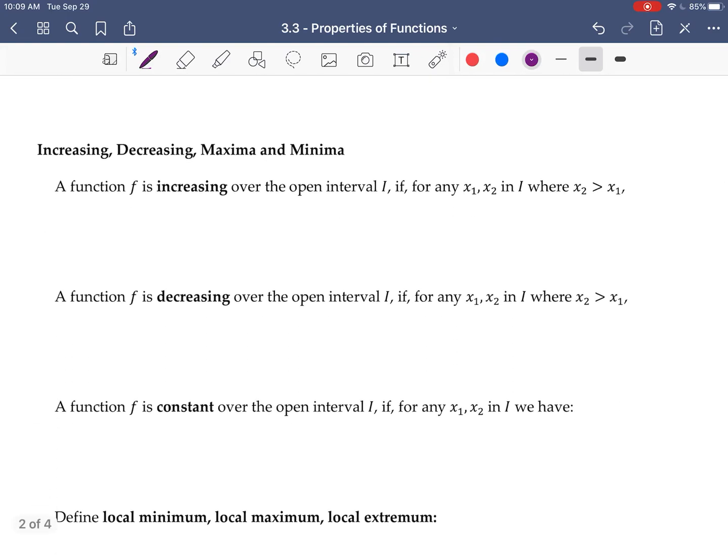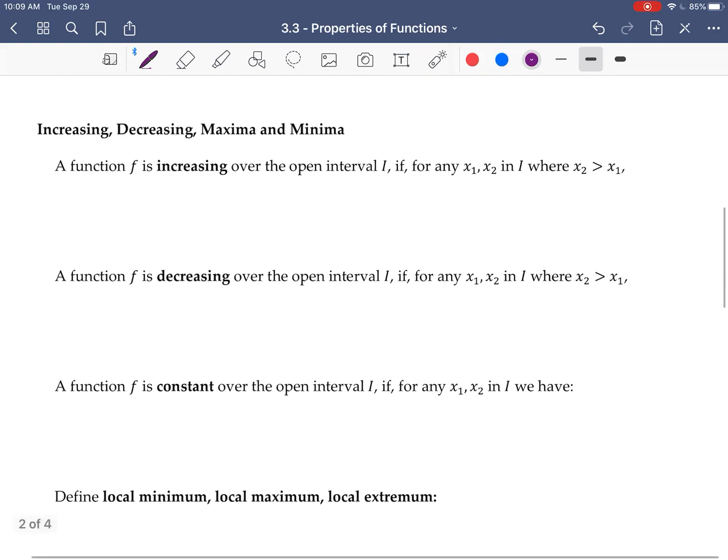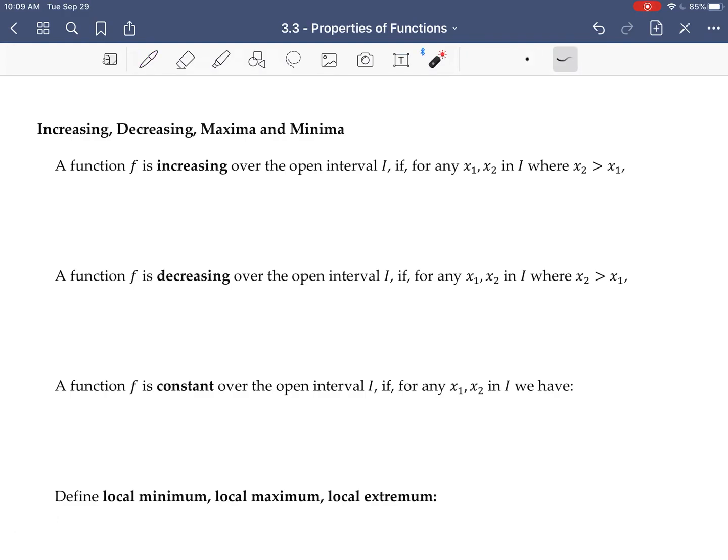And let's talk about some more properties for functions. Another thing we talk about often for functions are whether they're increasing or decreasing and whether they have maxes or mins. We say a function is increasing on an interval I if for any x1 and x2 in I, where x2 is bigger than x1, so this just means that we're moving to the right.